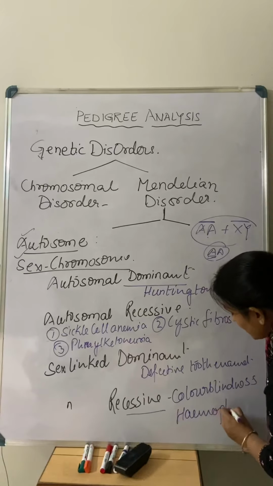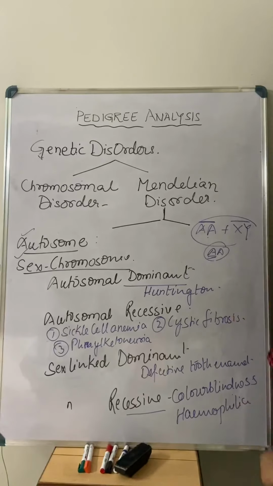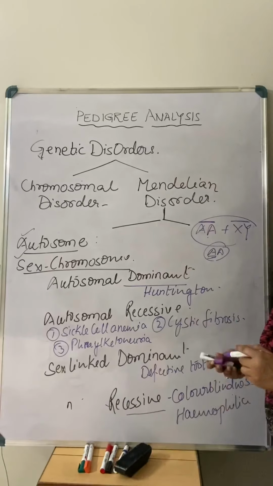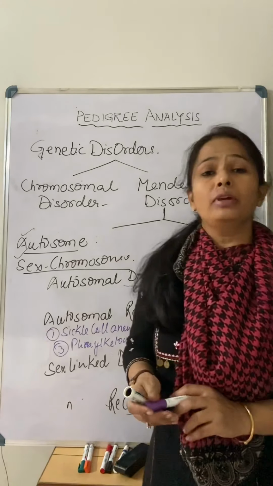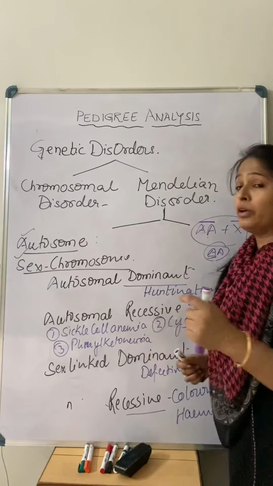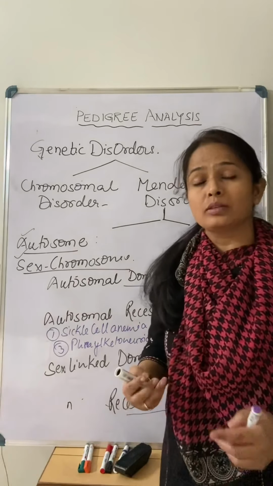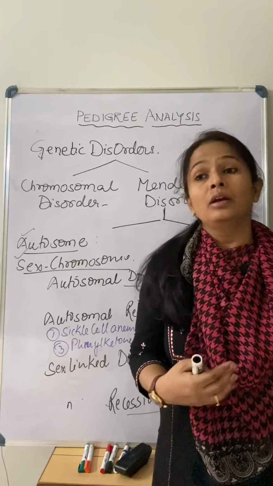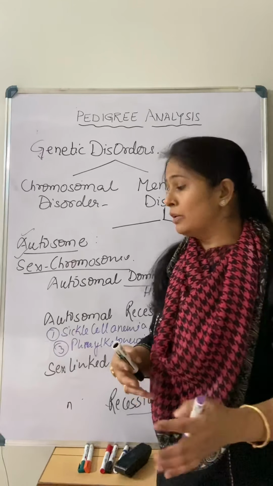So this is in your syllabus, in the category of X-linked recessive disease. In the next module, we will discuss how you will see by the pedigree, okay, this is a dominant autosomal, this is a dominant X-linked. So that we will get to know.